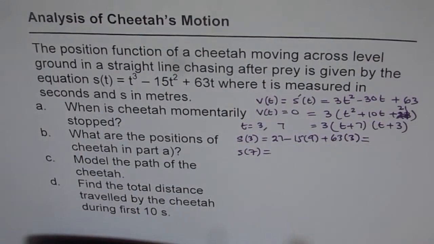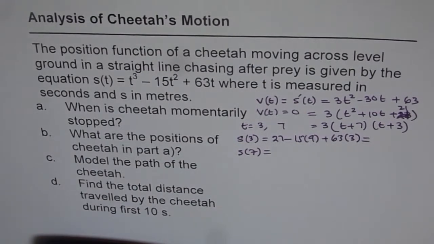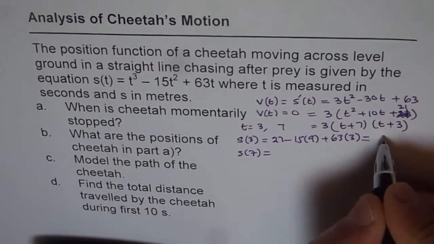So using the calculator, 27 minus 15 times 9 plus 63 times 3 equals 81. So we can write 81 here.